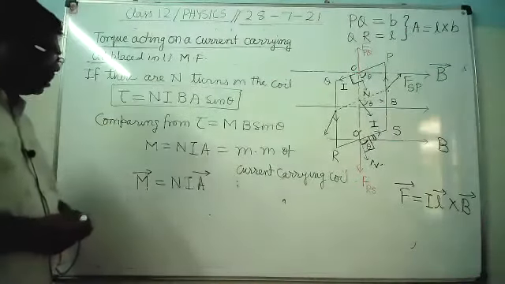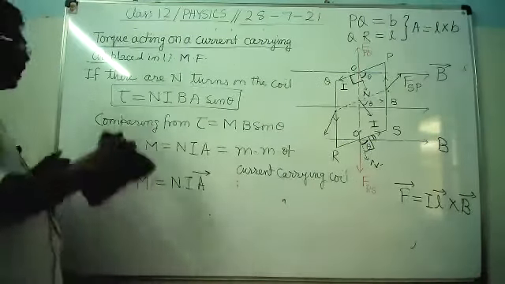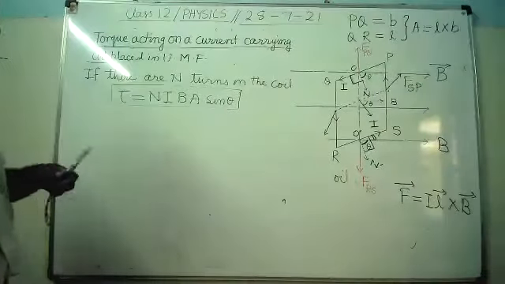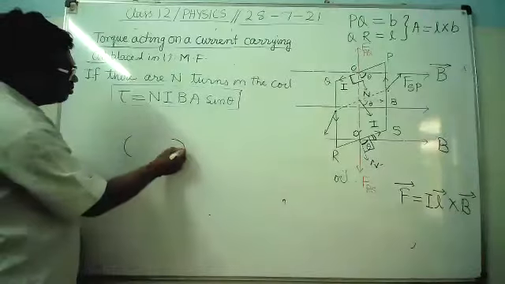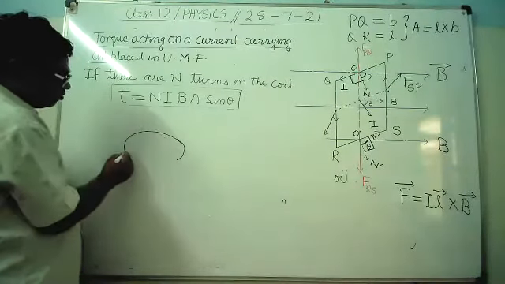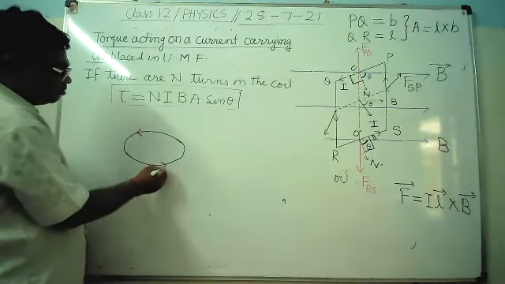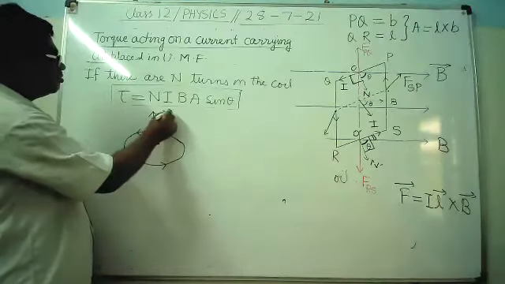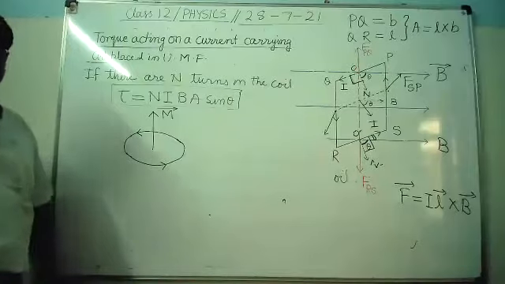If I show it on the diagram here, how will you find the direction of magnetic moment? By using the right hand rule. This is the direction of magnetic moment here.